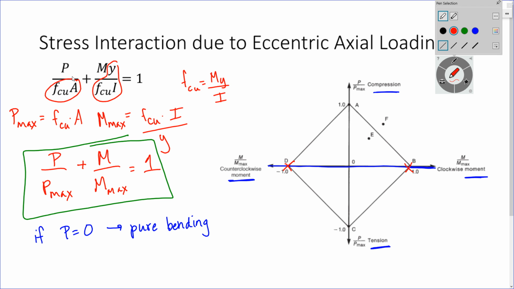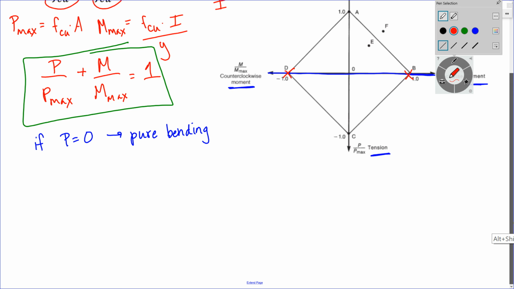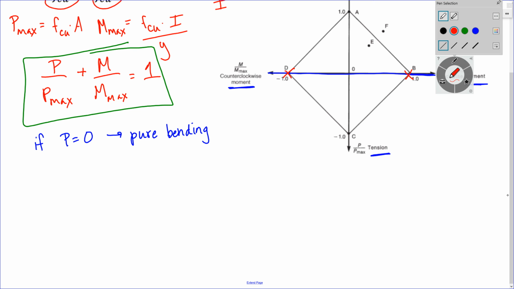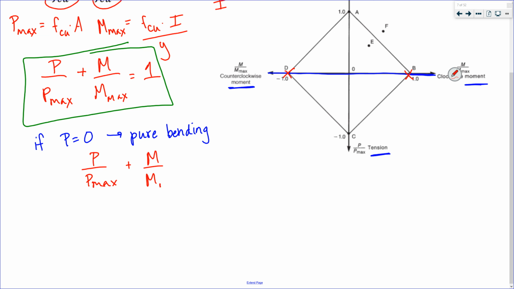let me see, I might draw this a little more. So if I have pure bending, if P equals 0, P over P max plus M over M max equals 1.